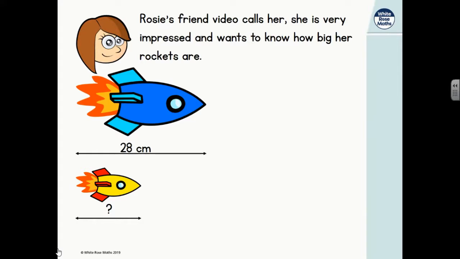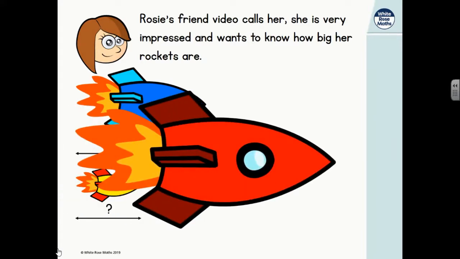Rosie's friend also wants to know how big the huge red rocket is. It doesn't even fit on our screen, it's so big. Working out how big rockets is tricky. Instead, I'm going to use a bar model to help me work it out.